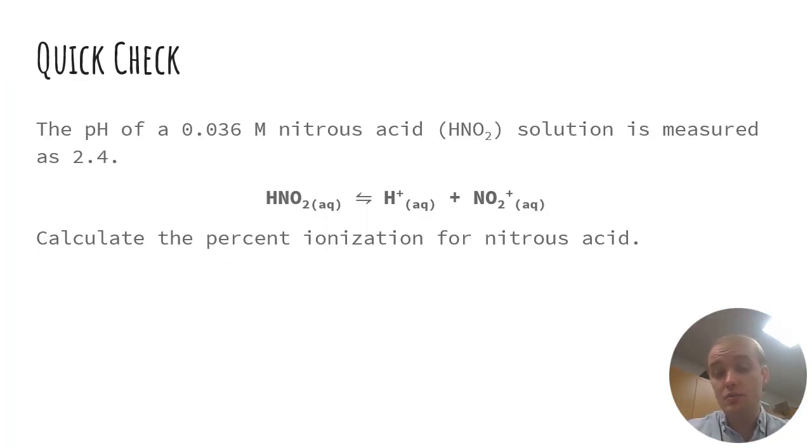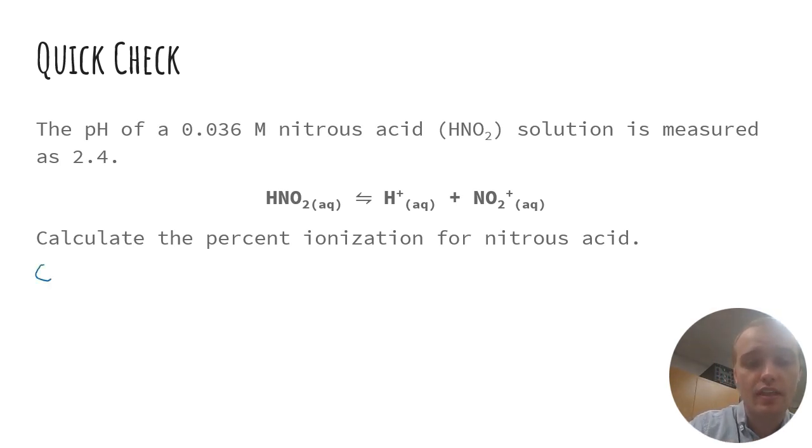Okay, now let's actually run through a couple of practice problems together. So this one right here says the pH of a 0.036 molar nitrous acid solution is measured as 2.4. Calculate the percent ionization for nitrous acid. Okay, well, the first thing, at least what I'm always going to do, is I want to write down my formula.